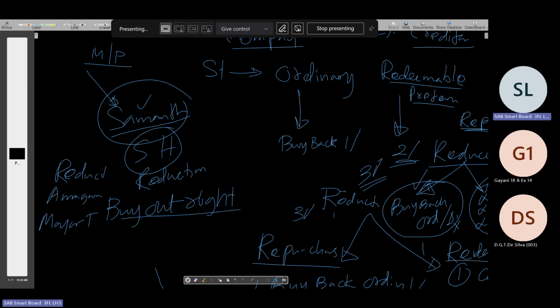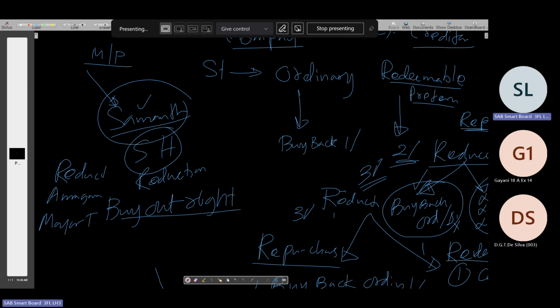Another concept: redemption. The company can redeem the redeemable shares. Redemption is a repurchase. Repurchase means buying back the ordinary shares and irredeemable shares. Both of these amount to reduction.